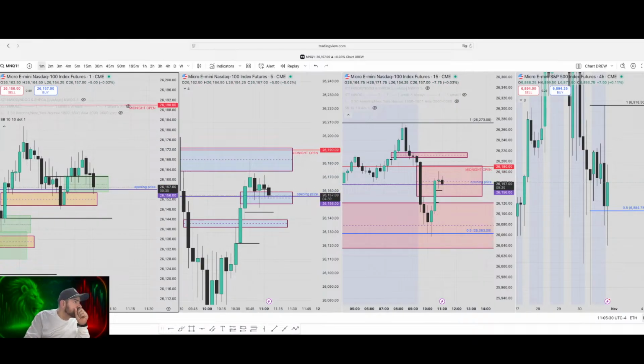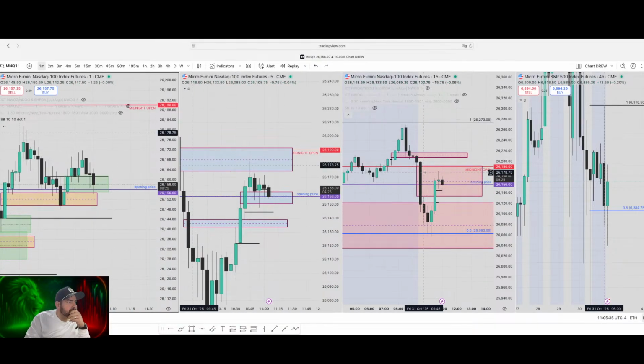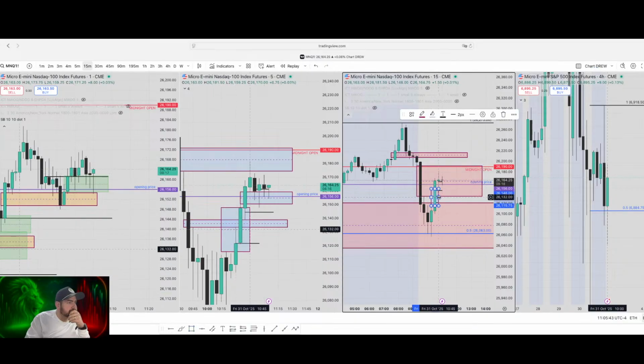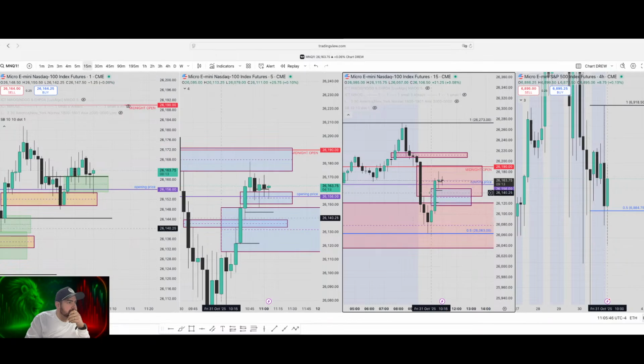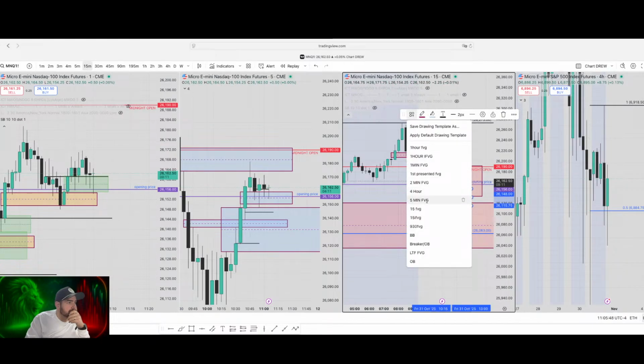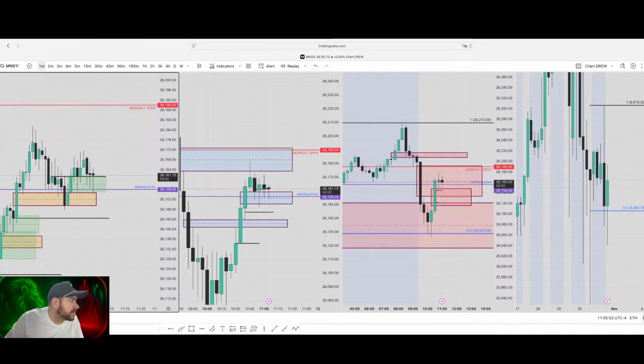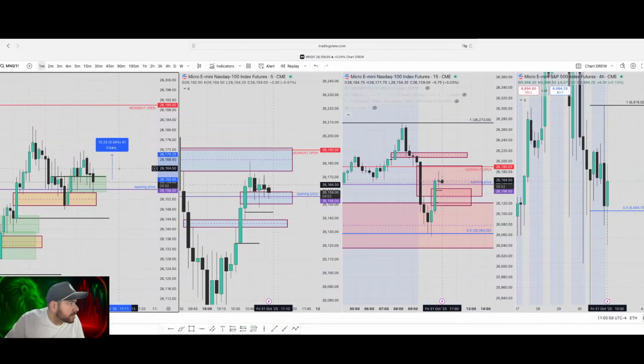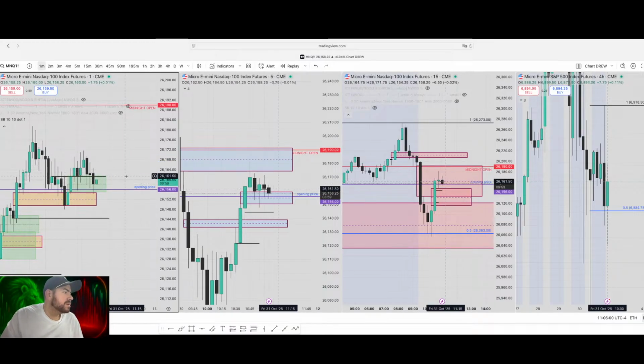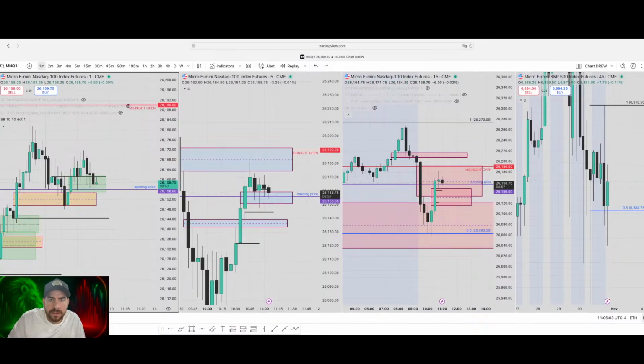We got a 15 coming up. Let's see here. May want to get in this. Let's see. Wait a second.